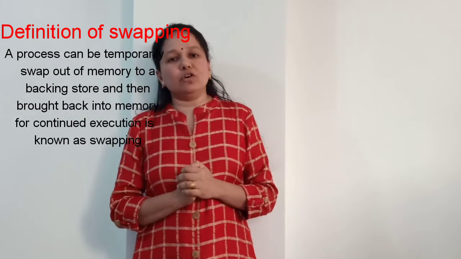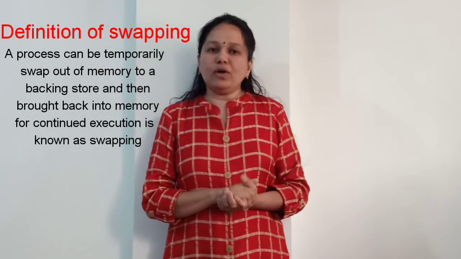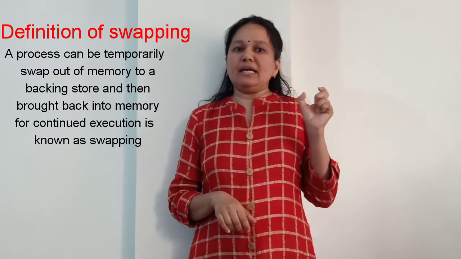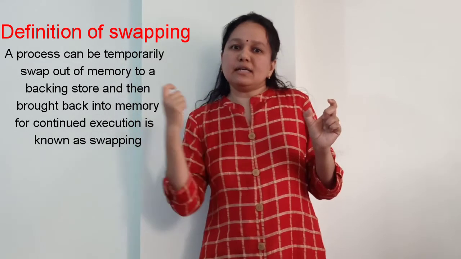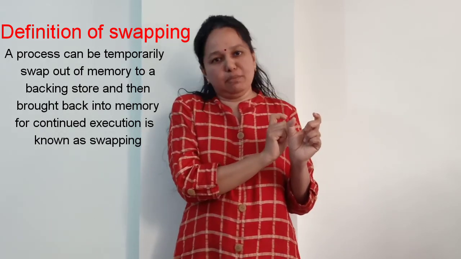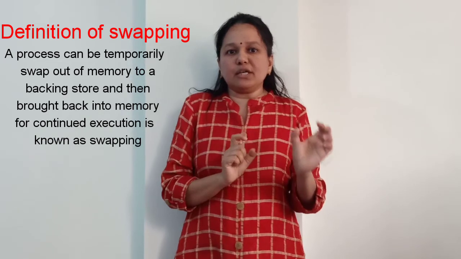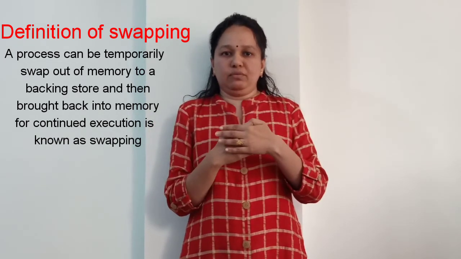So the solution for this is overlap swapping. Overlap swapping means that when one process is executing in the main memory, at that time the swap in of the next process to be executed is going on. So when one process is executing, at that same time swap in and swap out is going on.